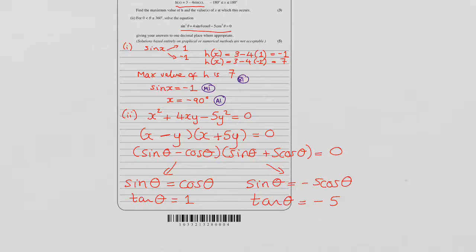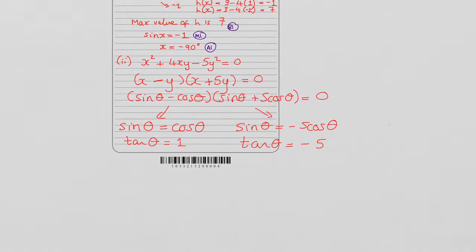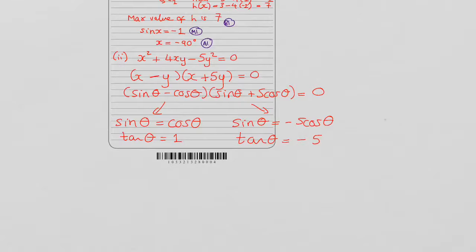Okay, now I have to solve them both. Solving tan is a little bit easier. So if I inverse tan this, I get 45 degrees. If I inverse tan this, I get negative 78.7. And I could draw a diagram, but actually all you have to do for tan is add on 180 because they repeat every 180. Same for this one.